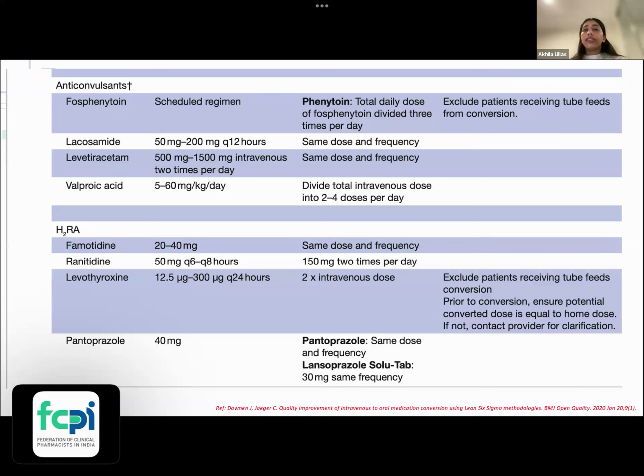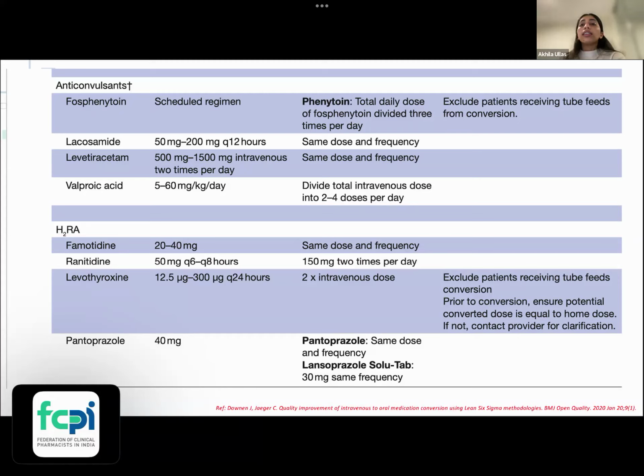And other drugs like anticonvulsants, H2 receptor antagonists, pantoprazole, levothyroxine are some examples. You can convert them, and this is the dose you have to give. So if you are giving Levipil 500 mg TDS as IV, then you can convert to a 500 mg tablet as TDS or BD. It depends upon the necessity of that patient.